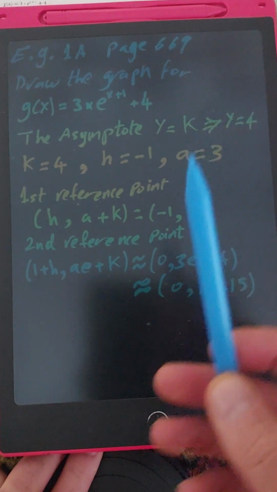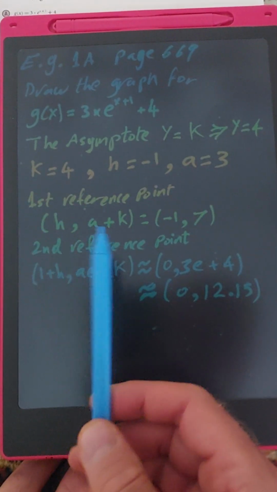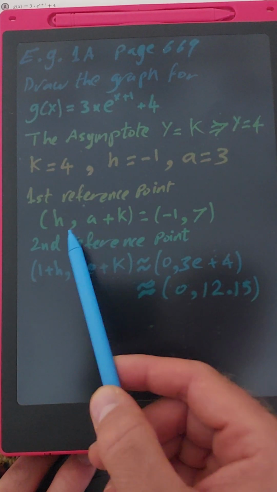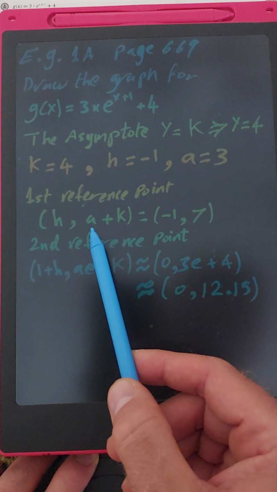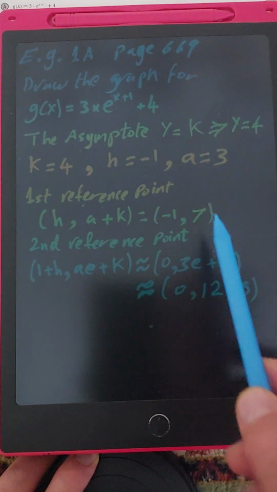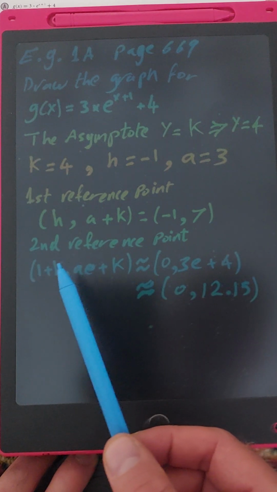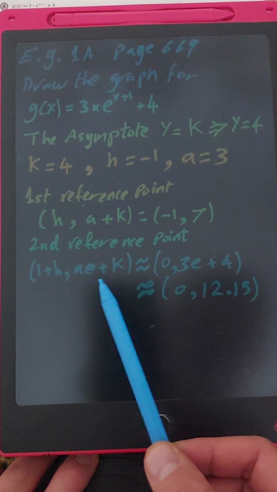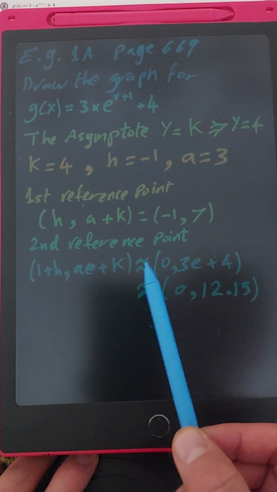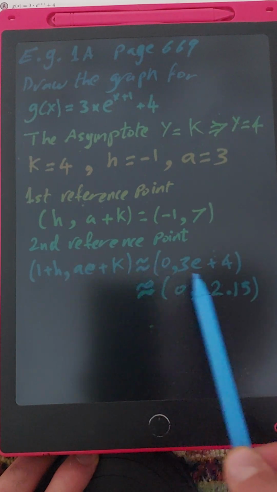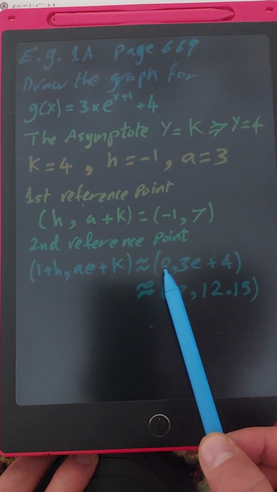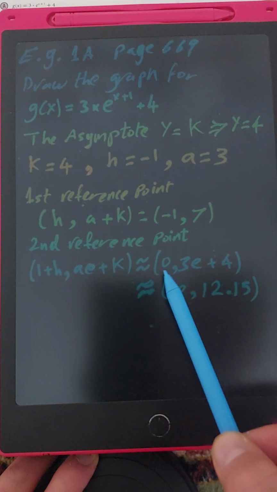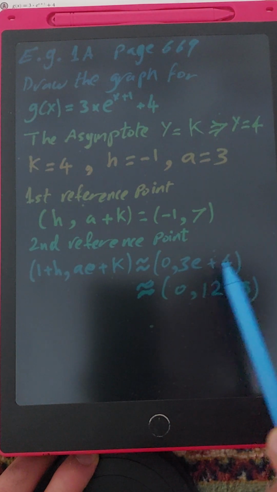Now we're going to map the transformation points. The first transformation point will be (h, a plus k). We know the value of h is minus 1. A plus k will be 3 plus 4, which gives us 7. The second reference point will be (1 plus h, ae plus k). We're going to use an estimated value because of the value of e. So 1 plus h will be minus 1 plus 1, which is 0, comma, 3e plus 4.